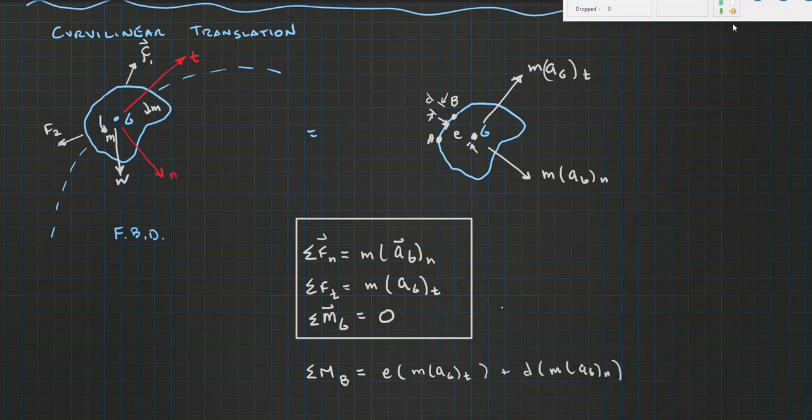So we would end up with E times mass times acceleration of g tangential plus D times mass times acceleration of g normal. And I redrew these so that they were in the correct directions.